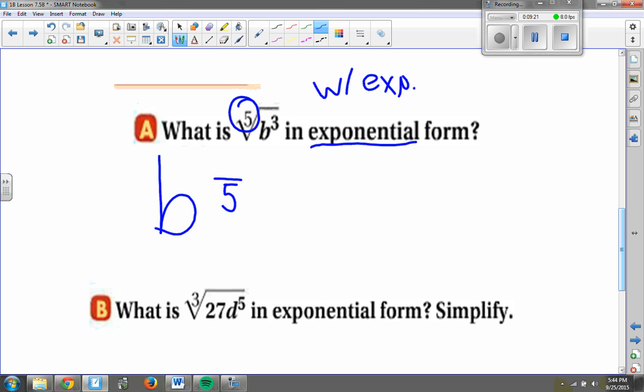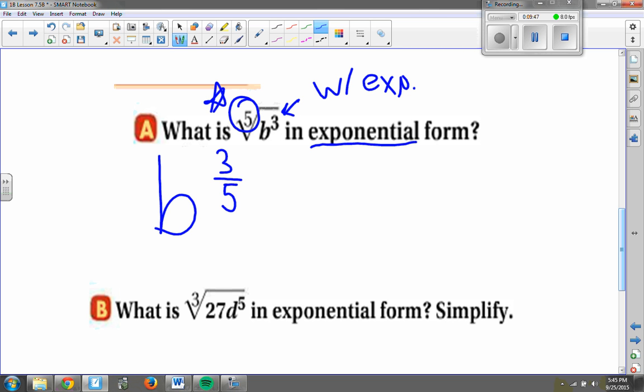I'm going to be doing something to the b. And the only piece that's missing now is the power that I'm taking the b to in here is just going to plop down here and be the numerator of that fraction. So the 5th root of b to the 3rd power, well, that's b to the 3. Now I just put it over 5. Okay? Over 5 because it's the 5th root right here.